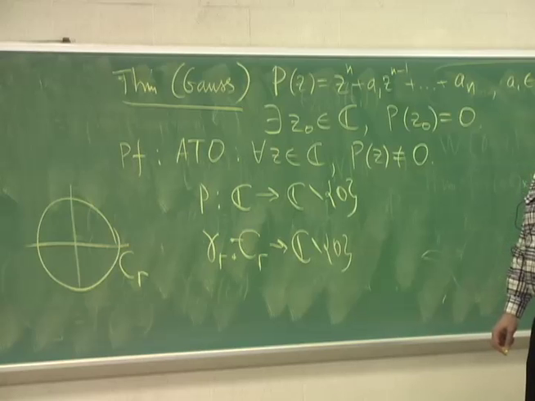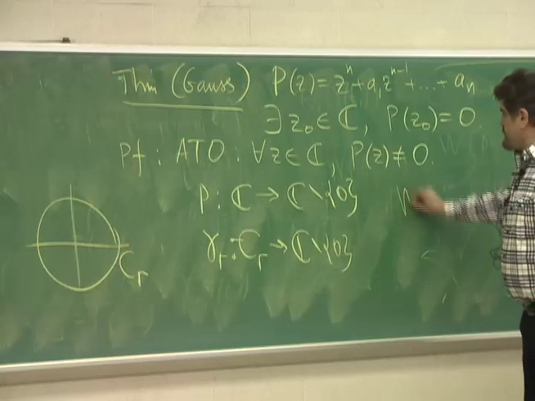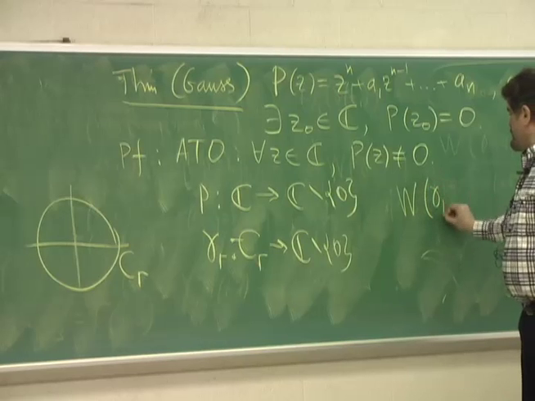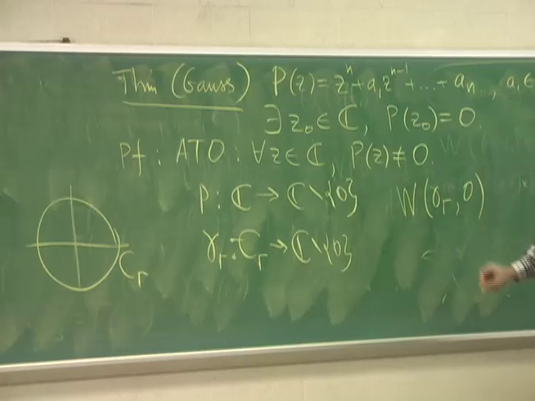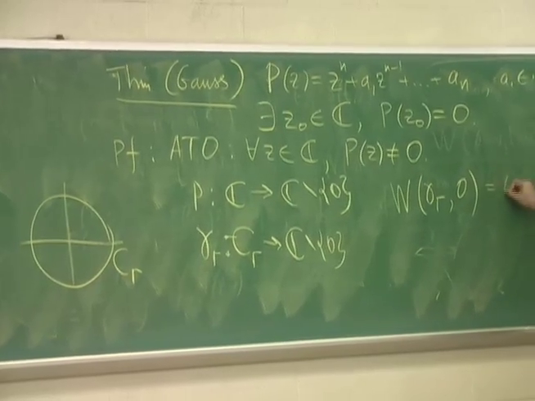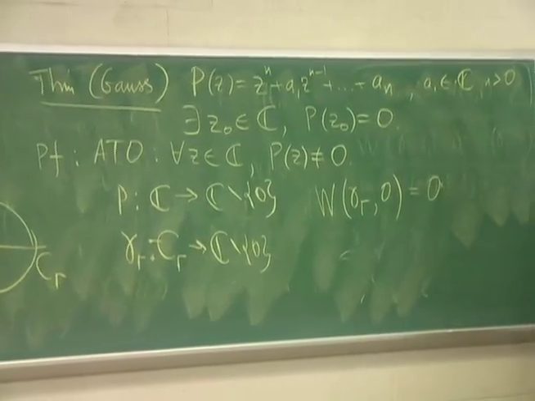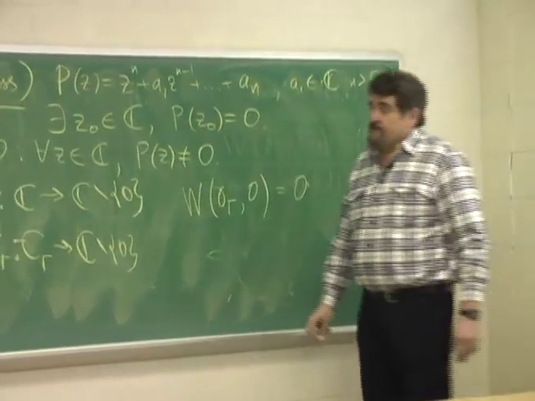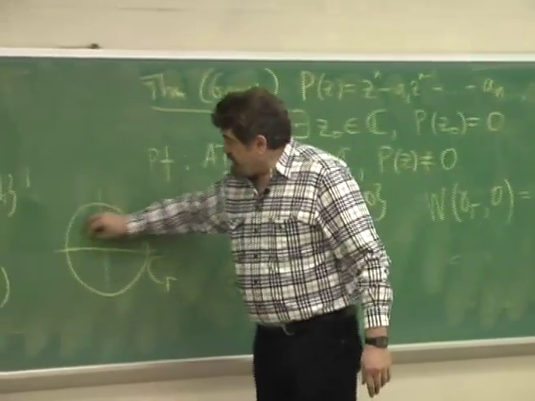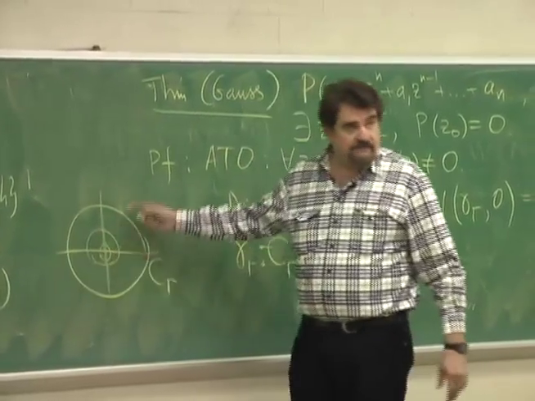Okay. I can compute the winding number of this. And this winding number should be 0. Why? Because I can take r smaller and smaller and smaller.